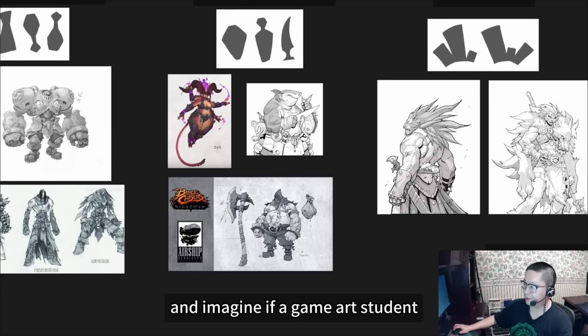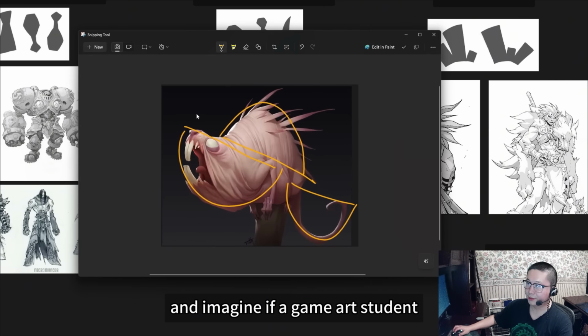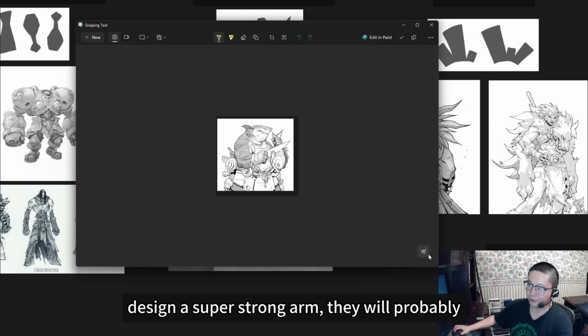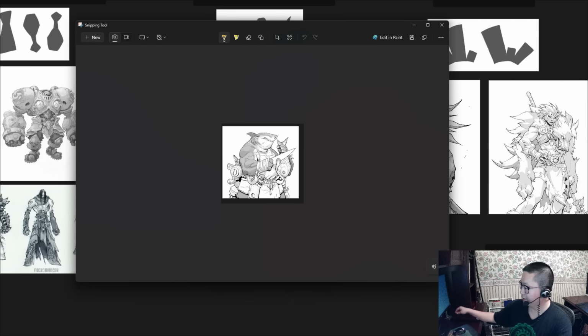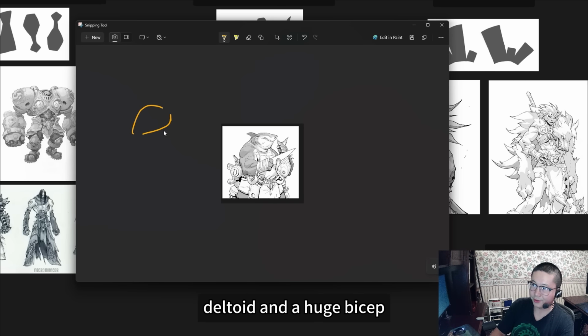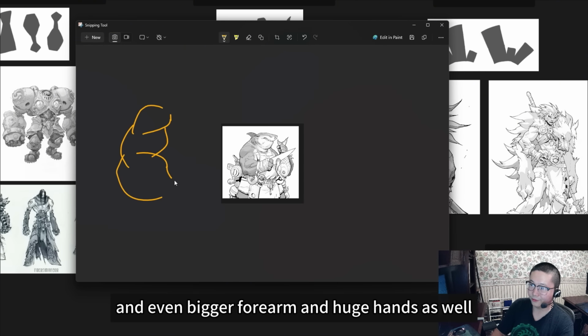And imagine if a game art student who's trying to design a super strong arm, they'll probably try something like this. They'll be like, okay, I'm gonna do a crazy strong deltoid and a huge bicep and even bigger forearm and huge hands as well.